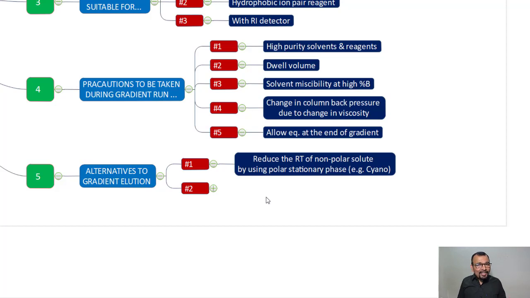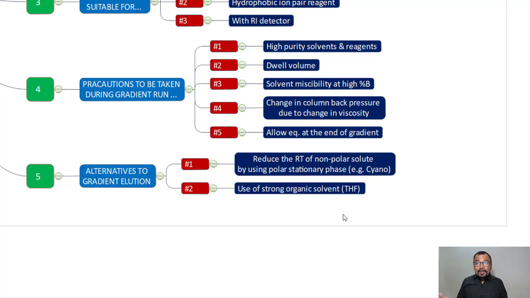Now, these stationary phases do not interact much with the non-polar compounds, which were eluting very late on stationary phases like C8 or C18. The moment you use cyano or amino stationary phases, those non-polar compounds will not be retained for that long, and you will have a shorter retention time just by replacing the stationary phase from non-polar to polar.